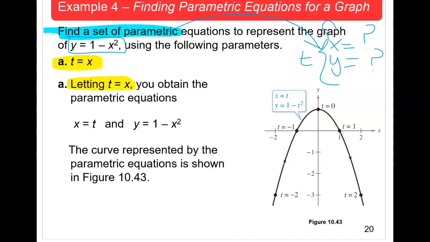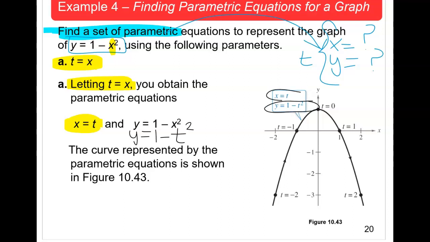We say that so that we could just substitute the x into the rectangular equation. So if we let t equal x, then y equals 1 minus t squared.